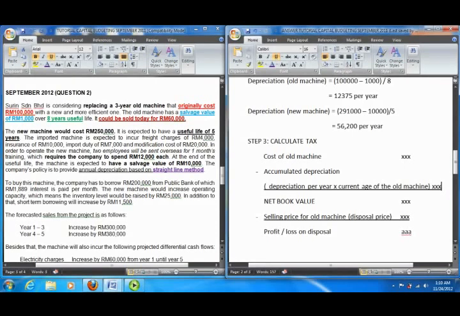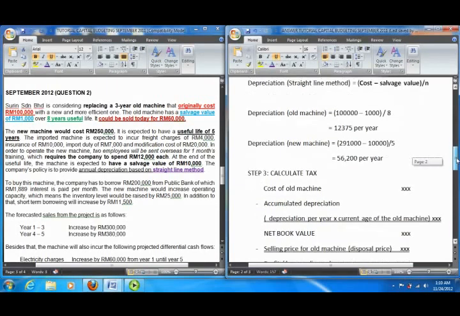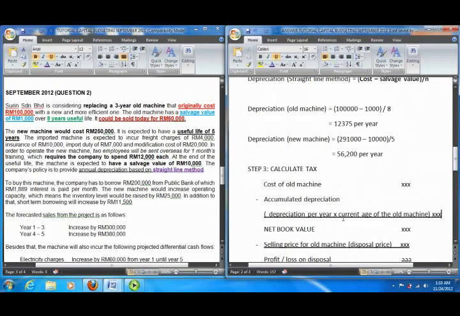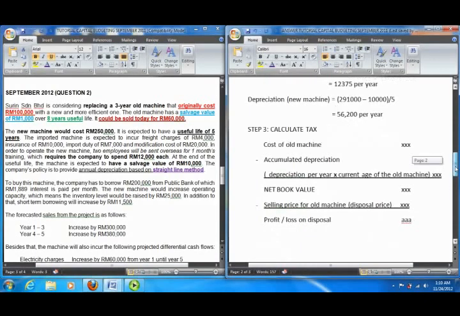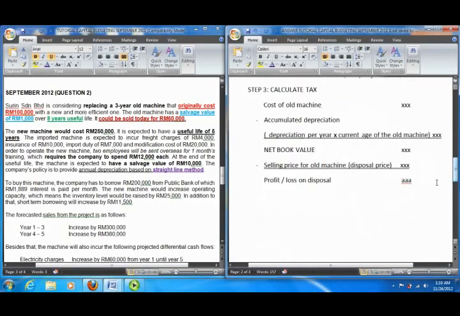So class, for accumulated depreciation, you get the depreciation per year from your step 2, then you multiply by the current age of the old machine. Then we get your net book value minus your disposal price. Then you get either profit or loss on disposal.